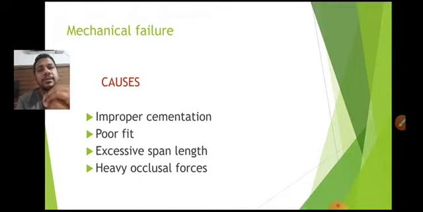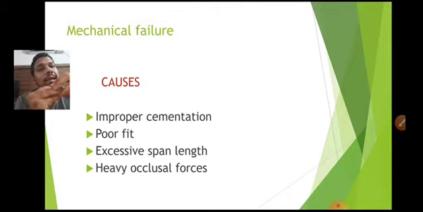In another case, if you are doing a preparation for a shorter tooth, your prepared tooth is very much shorter, then you can use a cement with lesser film thickness. When you use a cement with lesser film thickness, your restoration or crown will fit accurately on that particular prepared tooth.